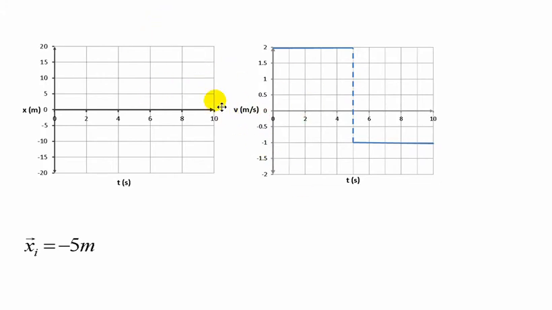So, one of the things that I want to point out is thinking about what a velocity versus time graph gives us. Well, we talk about this idea about an area under a curve, but what is that giving us? And the confusion is that it is not going to give us a position. It does not give us a position.